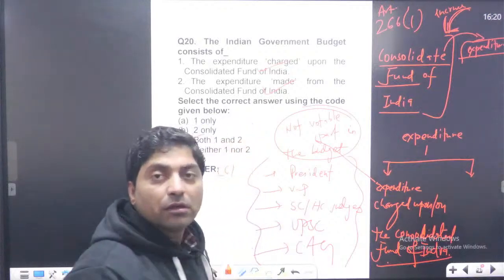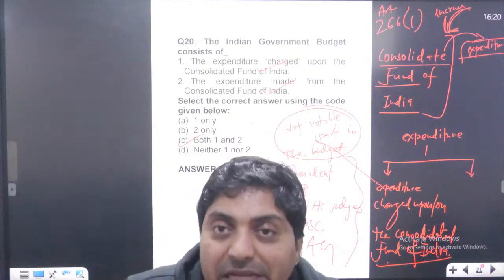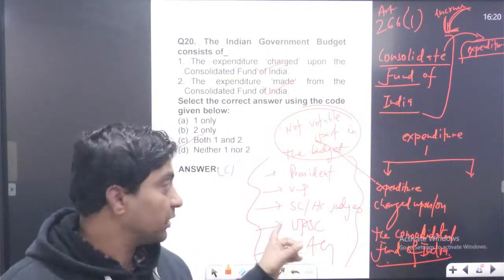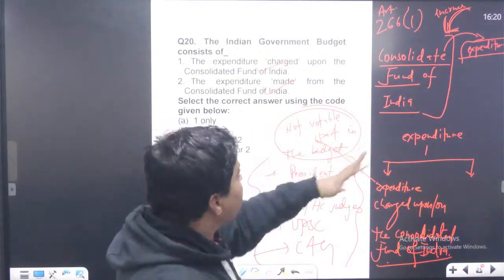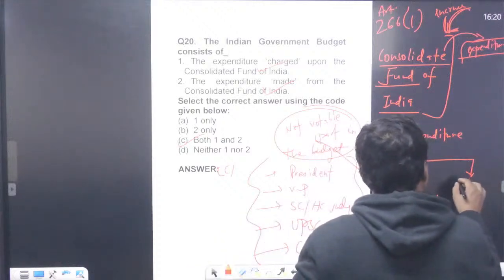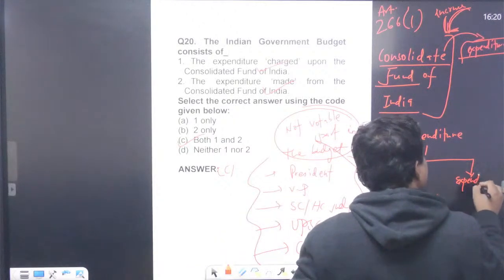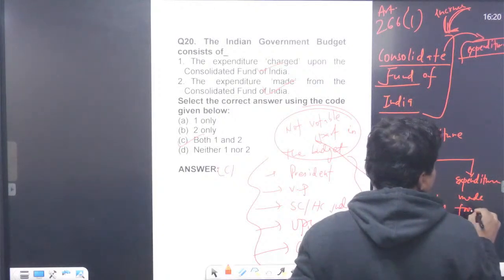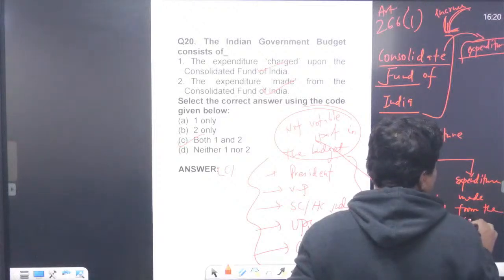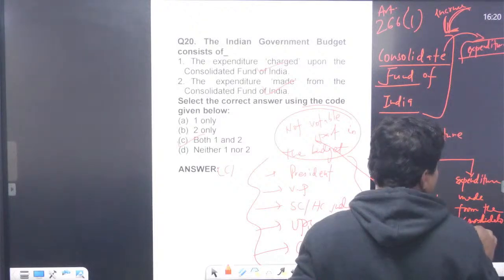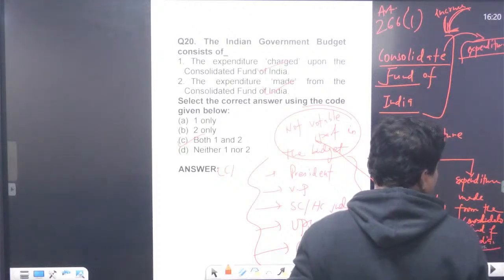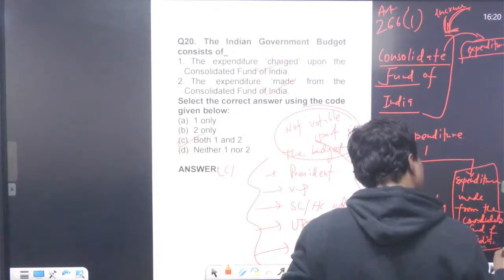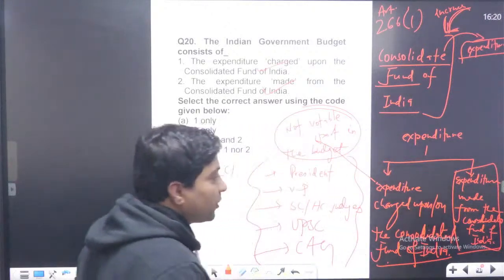बजट में वोट नहीं होगा. The Parliament can discuss it, Parliament cannot vote. So second is expenditure made from the Consolidated Fund.